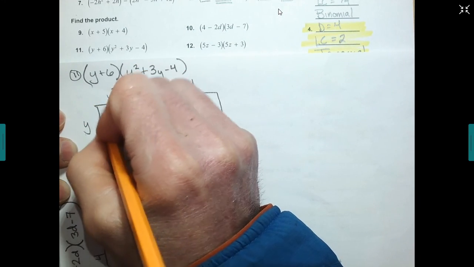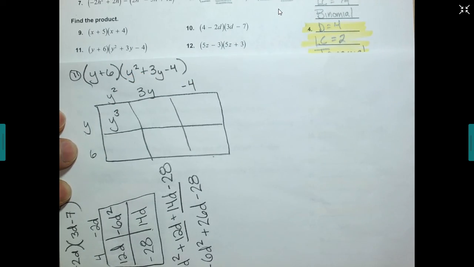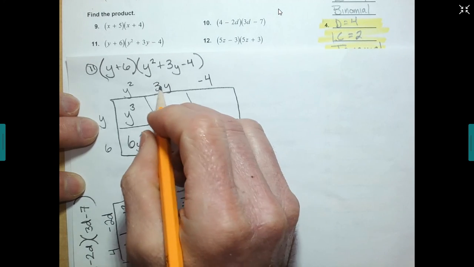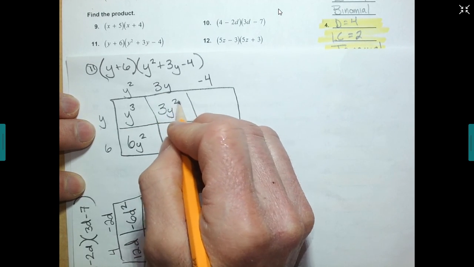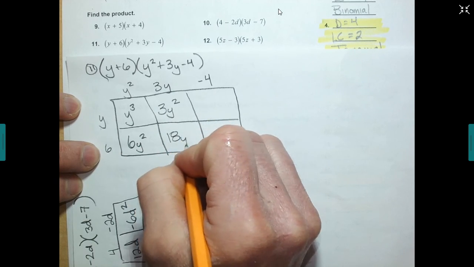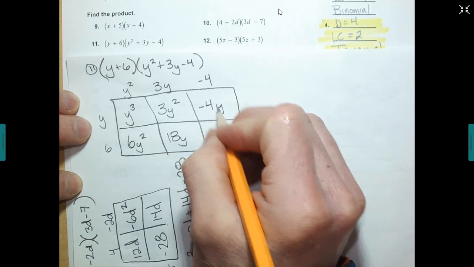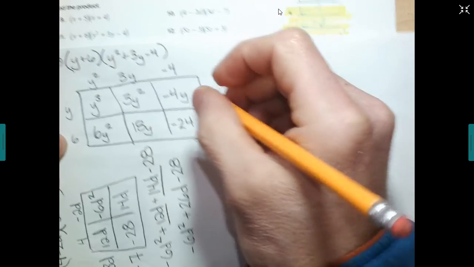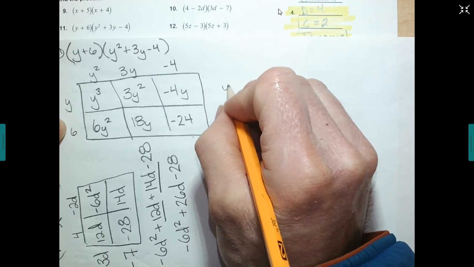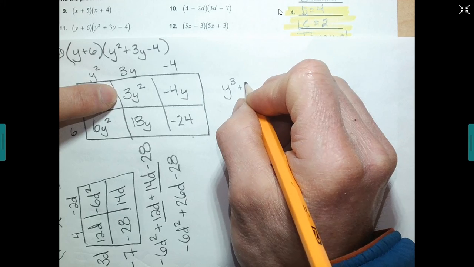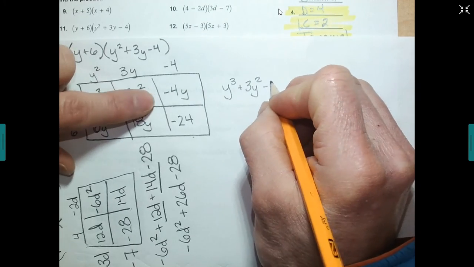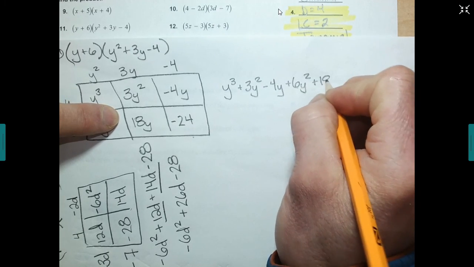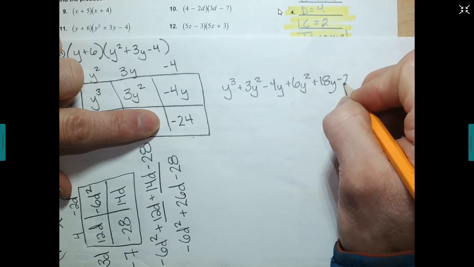So y squared times y, don't forget that's y to the third now. y squared times 6 is 6y squared. 3y times y is 3y squared. 18y, negative 4y, negative 24. So let's write that down. I got y to the third plus 3y squared minus 4y plus 6y squared plus 18y minus 24.